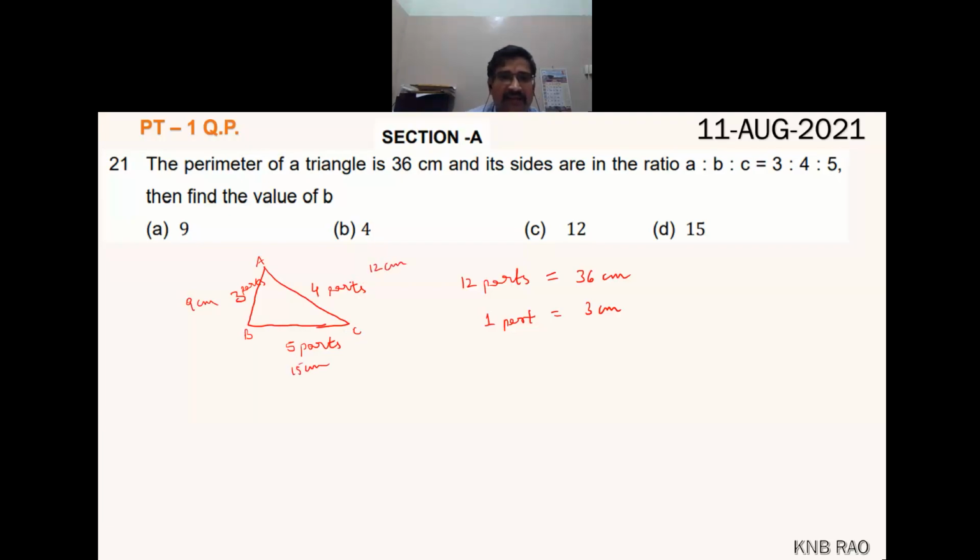Actual lengths of the triangle ABC, you have got it. Now, amongst them, what is the proportionate value of B? B is 4 parts. That means it is nothing but 12 centimeter. So that's how the right option is C.